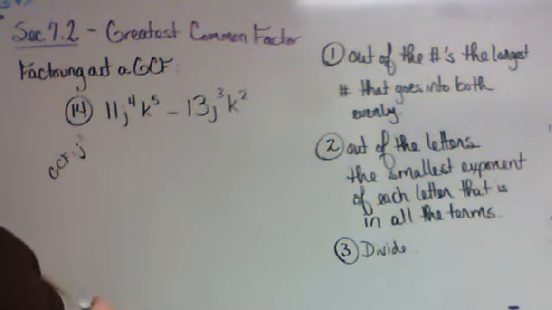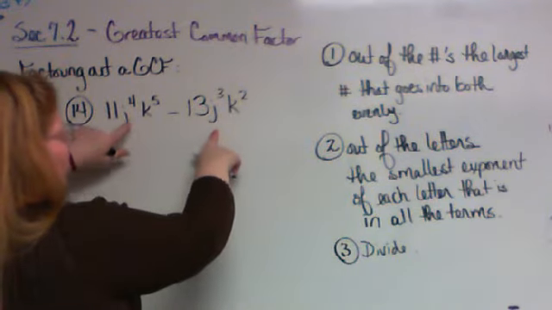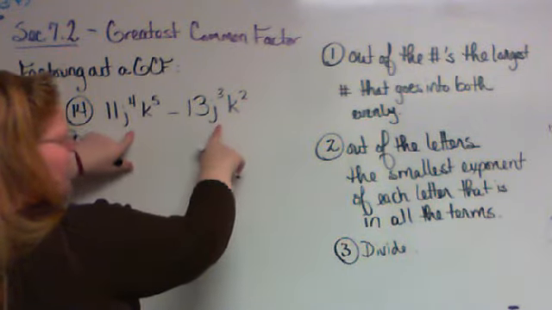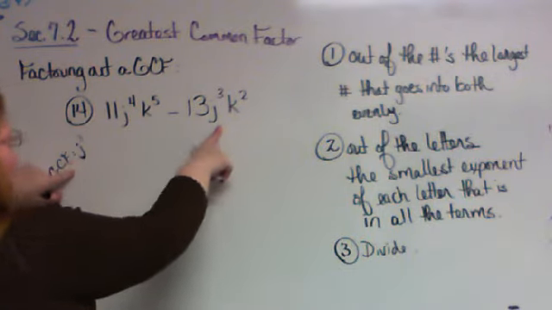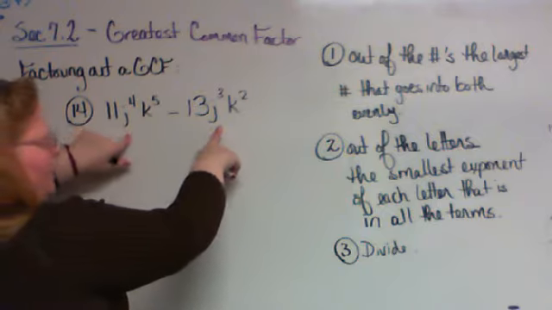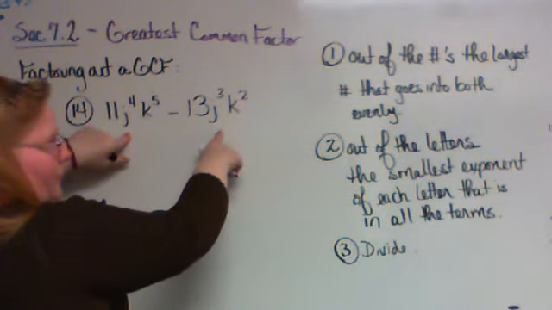Now the reason that's the case is that they both have a J. This one has 4 and this one has 3. We need for our GCF to have the absolute most that's in both of them. 4 is more than 3.